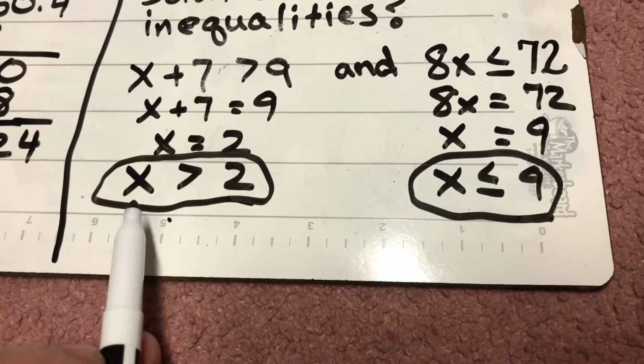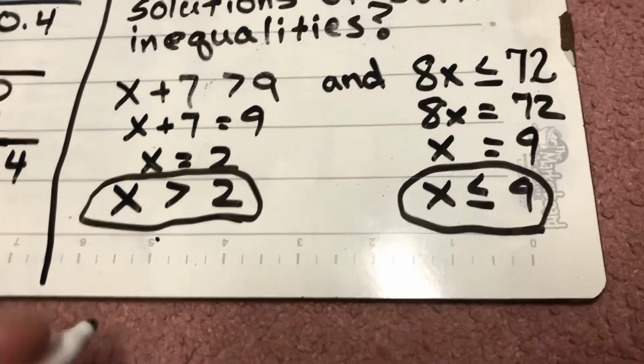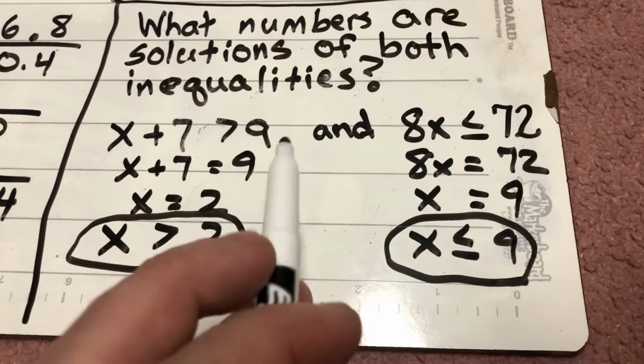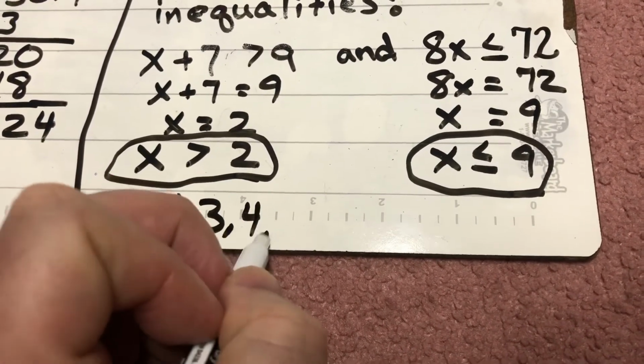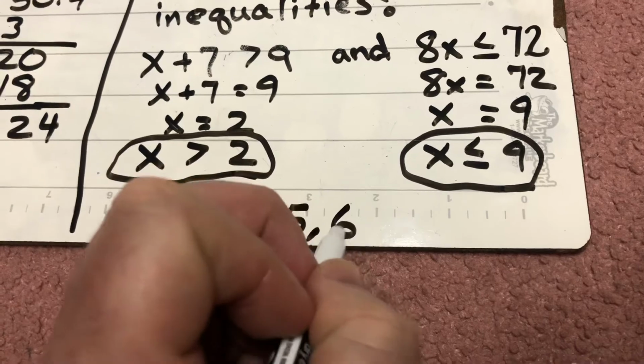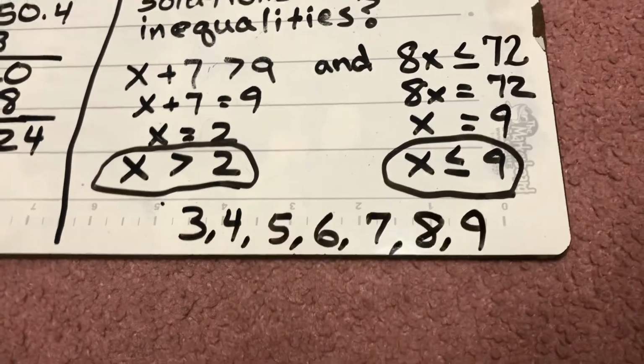So over here, I need something that's 3 and bigger. Over here, I need something that's 9 and less, which means that the numbers that are solutions of both inequalities are 3, 4, 5, 6, 7, 8, and 9.